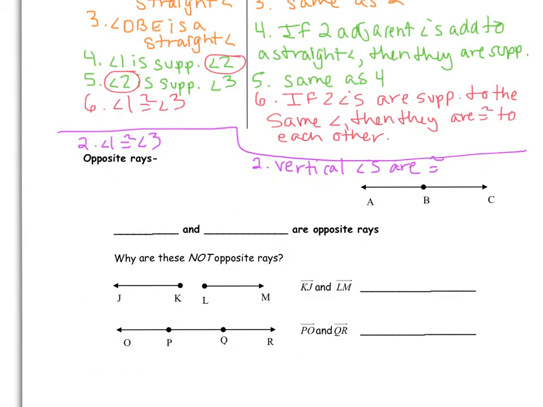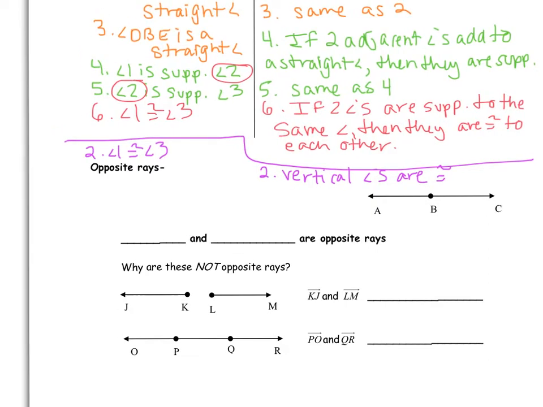We have something called opposite rays. Opposite rays are two collinear rays that have a common endpoint and extend in different directions.